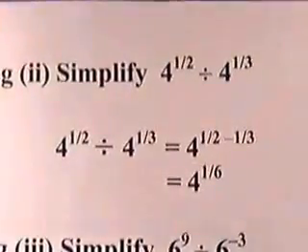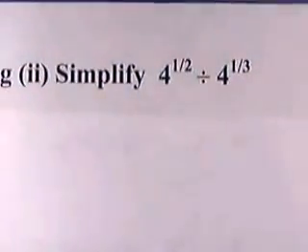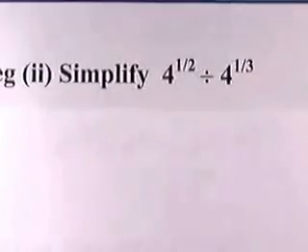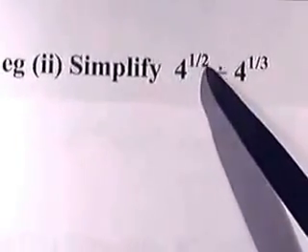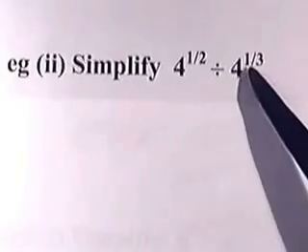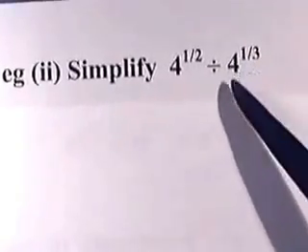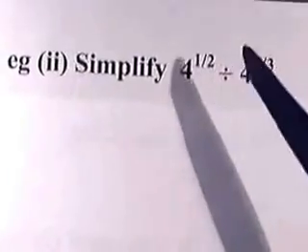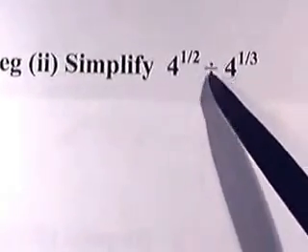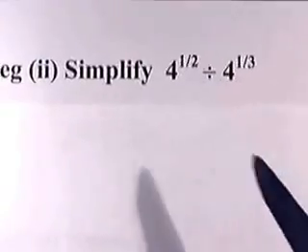Okay? Now let's do this with some fractional powers this time and see what happens. It says simplify 4 to the power of a half divided by 4 to the power of 1/3. Well, the base numbers are the same, 4 and 4, so we can use the rule. And the rule is that when you're dividing, you can subtract the powers.